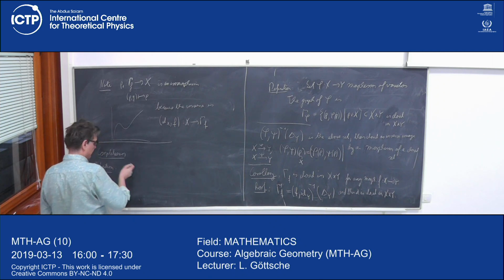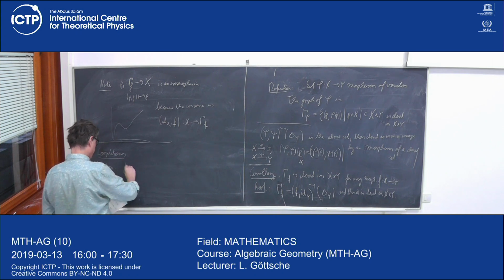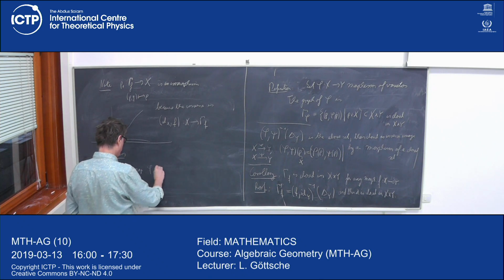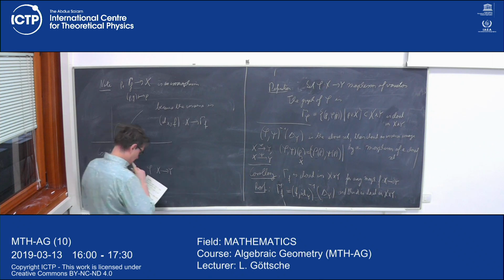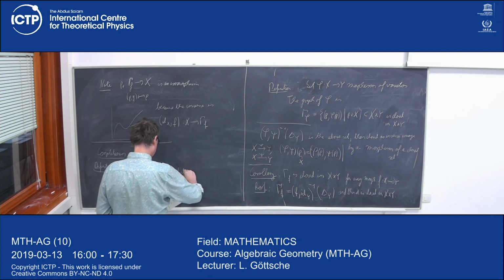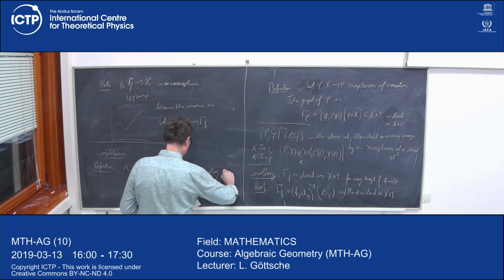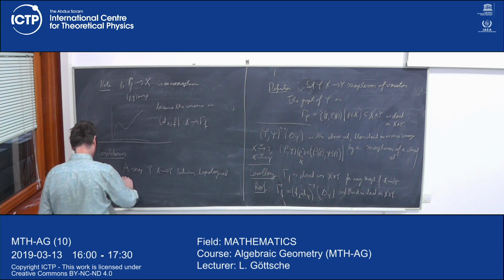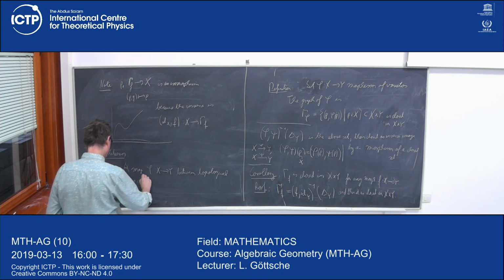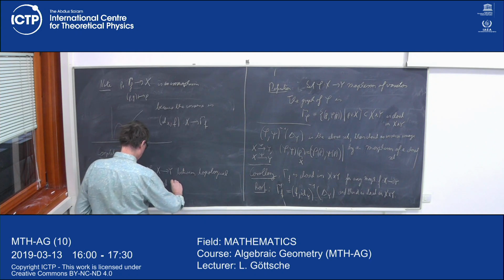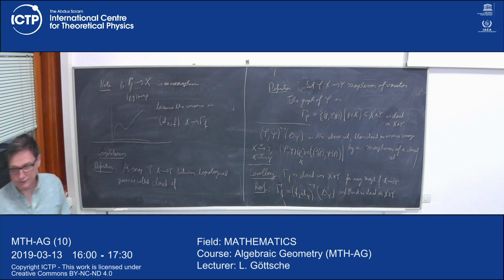First in the topological setting, a map phi from X to Y between topological spaces is called closed if the image of every closed subset is closed.